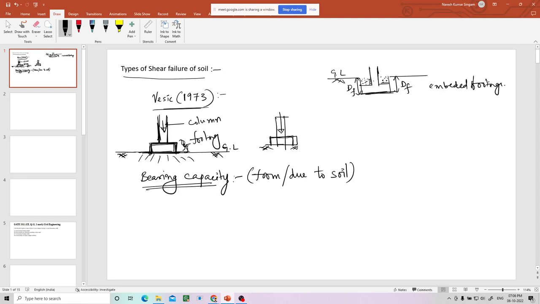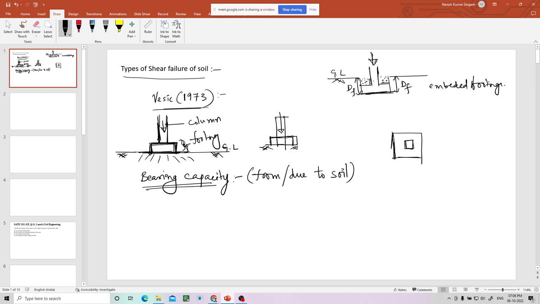There are also different shapes of footing cross section. If you see from the top, a footing can be square shape, with the column in between. The column size is smaller than the footing size.